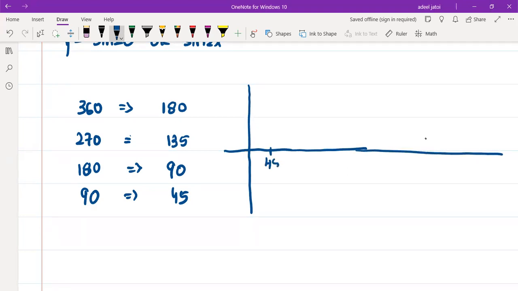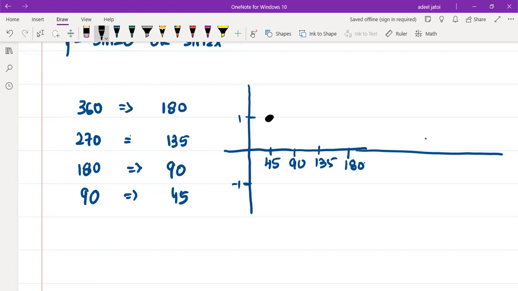So if I draw the graph, your initial value will start from 45, then 90, then 135, then 180. If this is 1 and this is -1, your 90 used to have 1. Now your 90 is converted to 45, so now 45 will have 1.